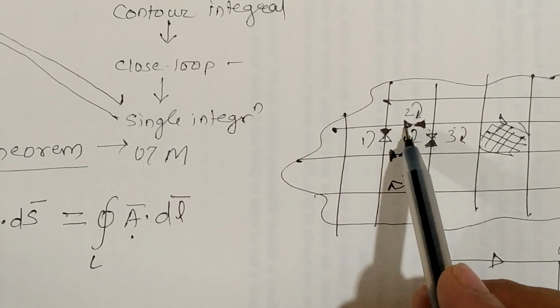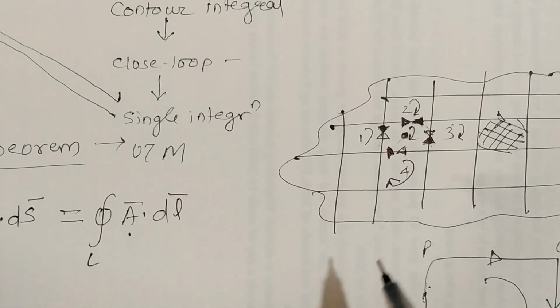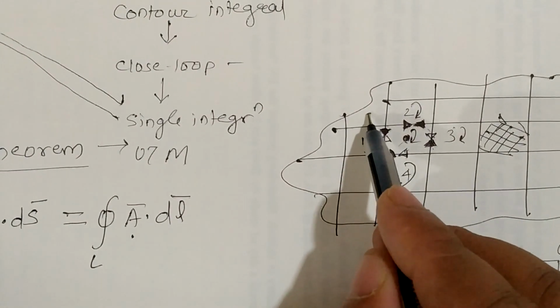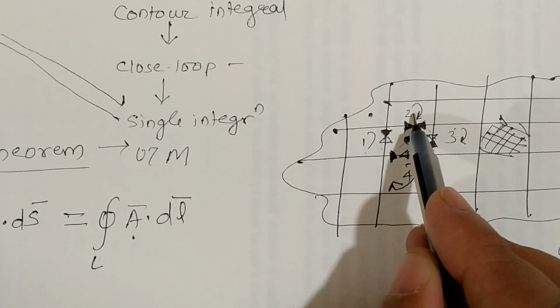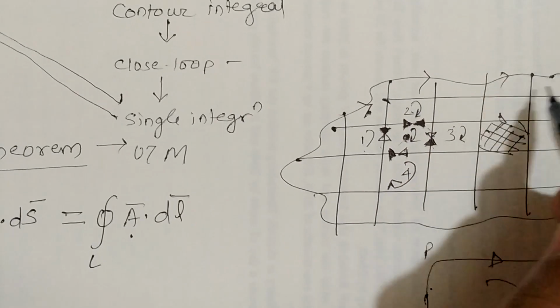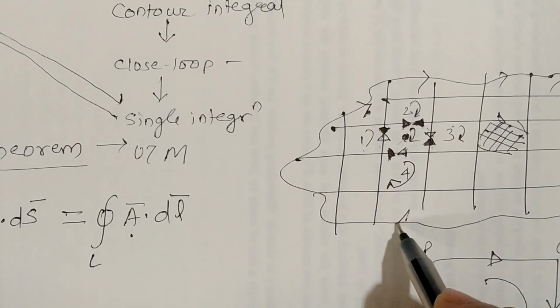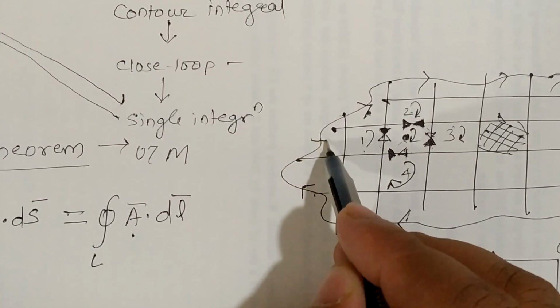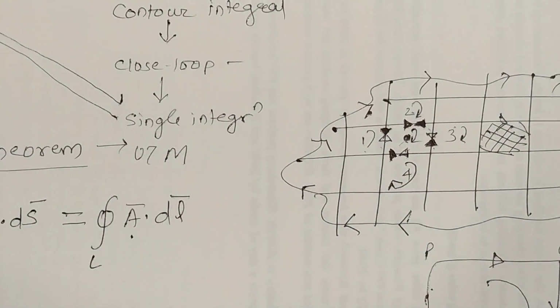So therefore these surfaces will cancel each other. Likewise this one will cancel this one, will cancel this one, leaving behind only the outer surface vector field.